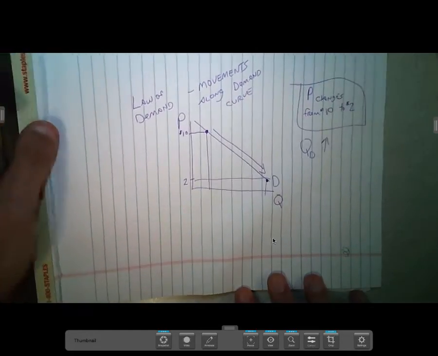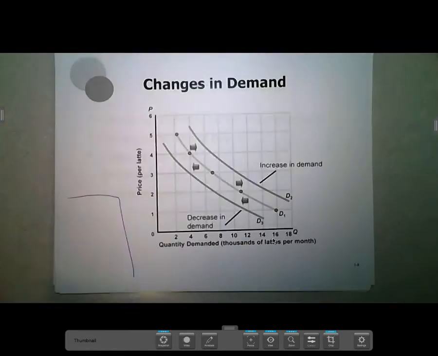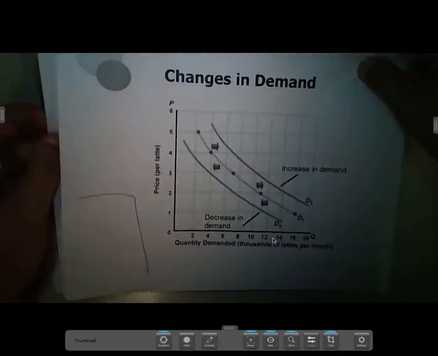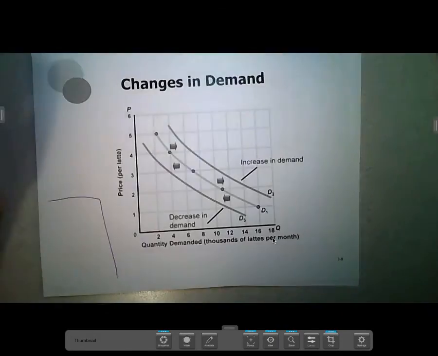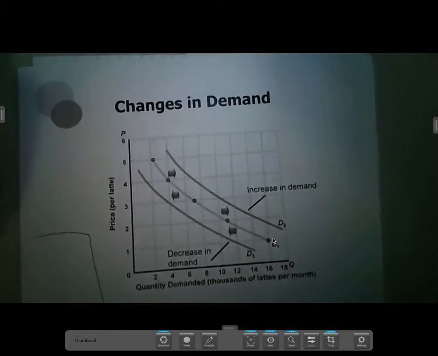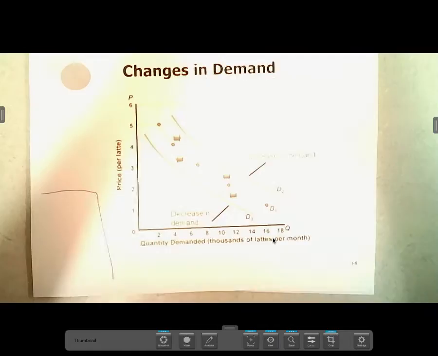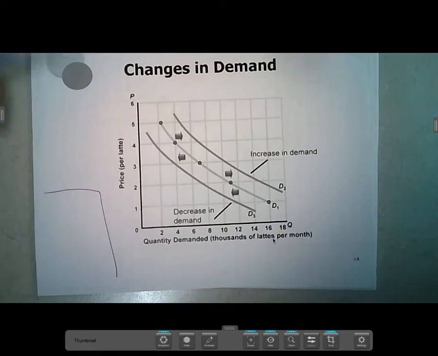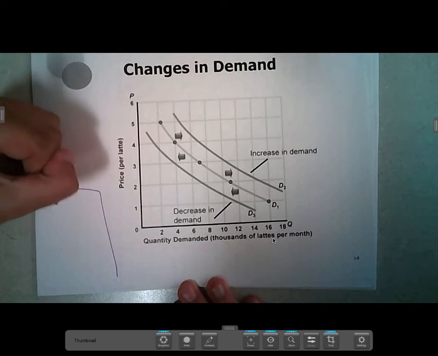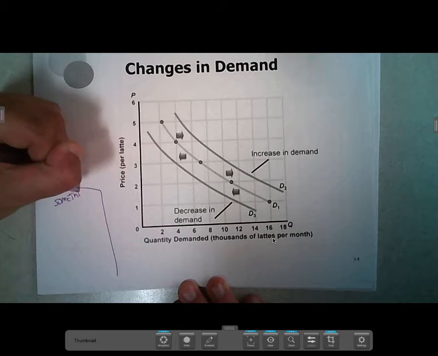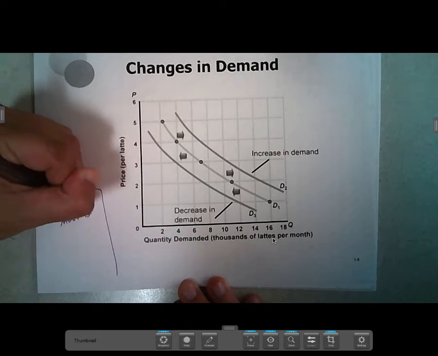Now, to counter this, what we're trying to do here now is talk about the changes in demand. And in the changes in demand, what we're now saying is that something else must be changing.